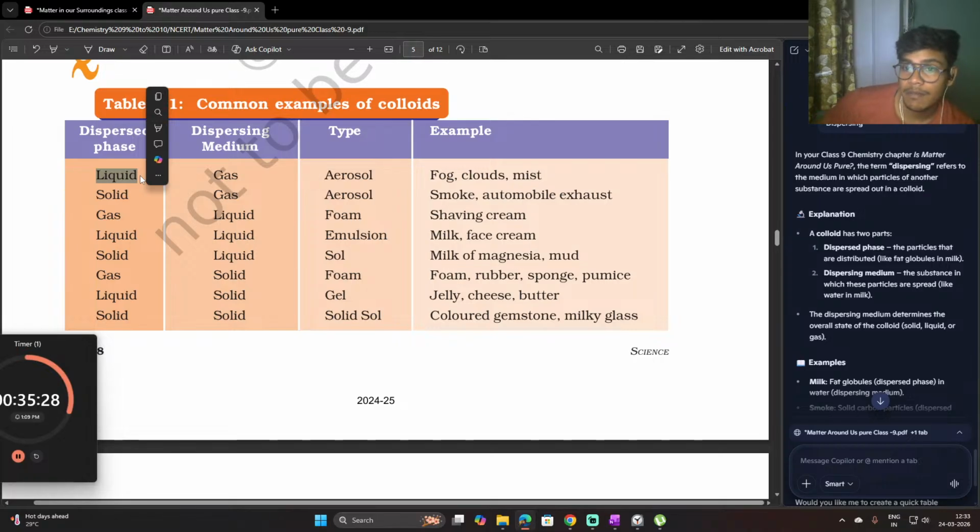And the dispersing medium is the substance in which these particles are spread, like water. So here the dispersed phase is liquid, the dispersing medium is gas, and the type is aerosol. Examples: fog, clouds, mist. Solid in gas, aerosol: smoke, automobile exhaust.